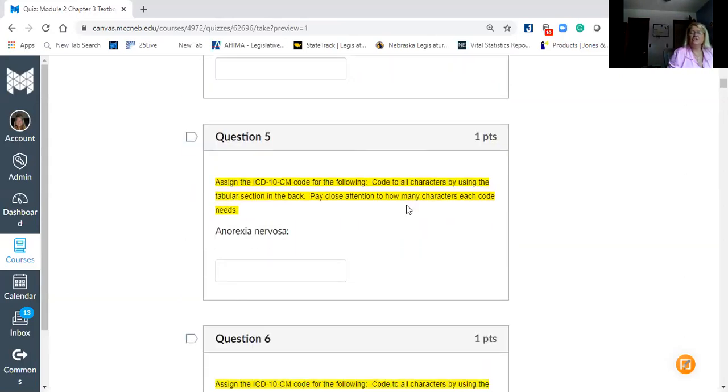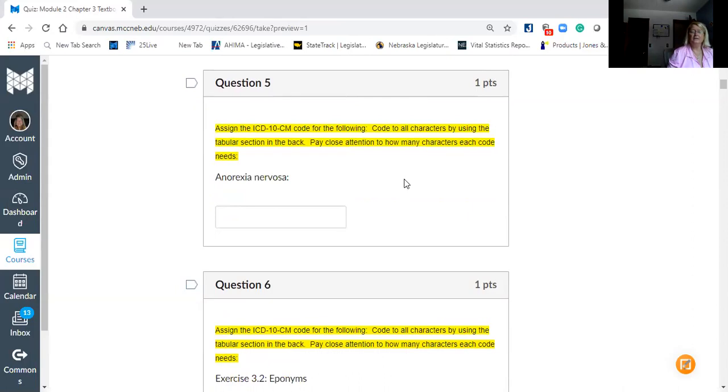Okay, we're going to try one more. Oh, this is a common one. Anorexia nervosa. We're going to look for anorexia.